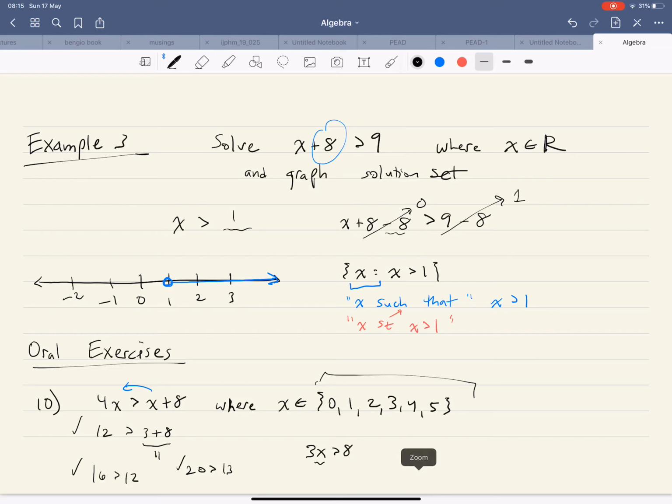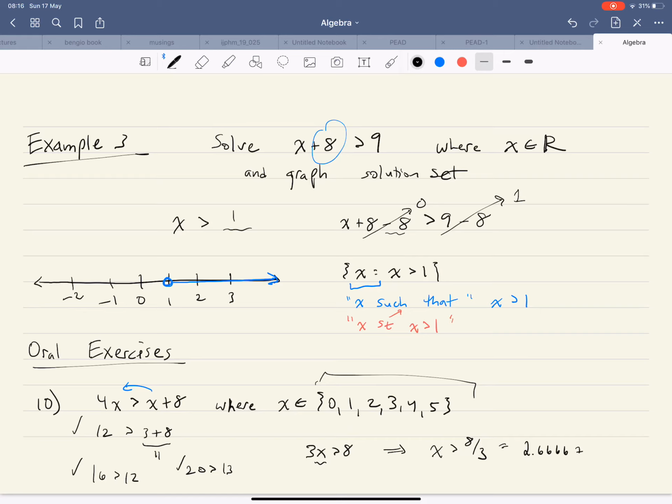Okay, now I really want x all by itself. So that's equivalent to the expression x greater than 8/3. Well, what is 8/3 exactly? Eight-thirds is 2.666, repeating.